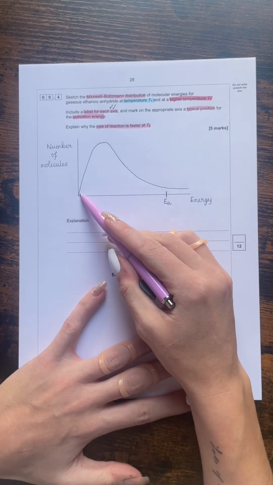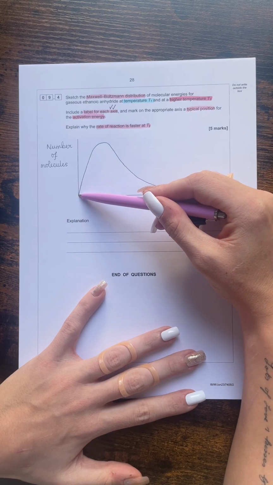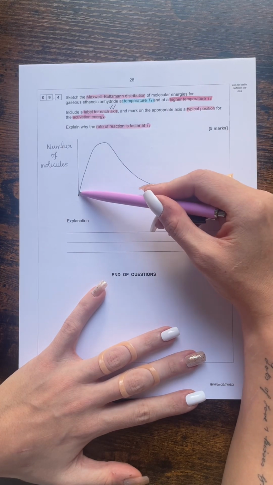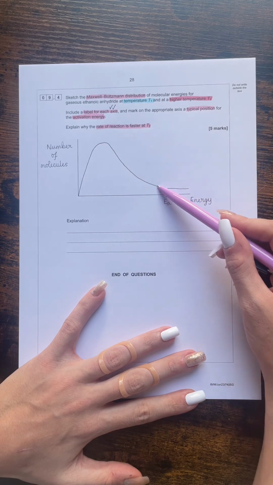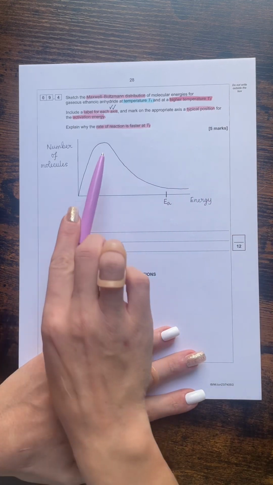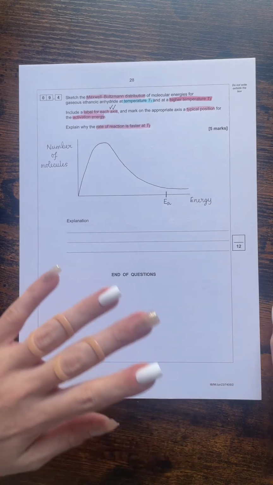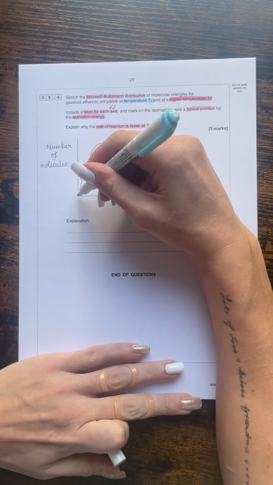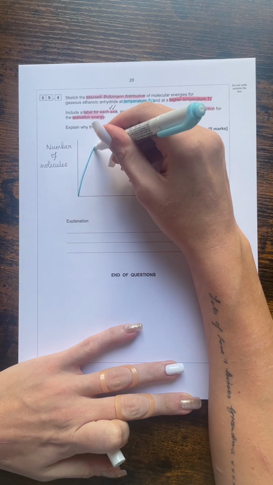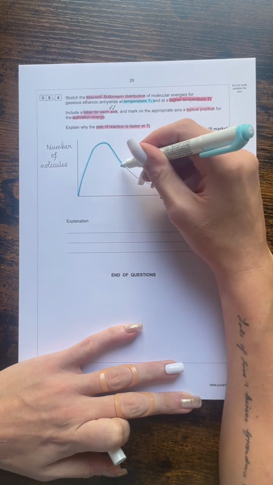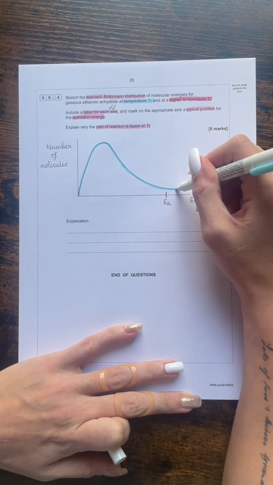So we're starting at 0, 0. We're not sort of coming up like that. We're going straight up, skewed to the left, and then we've got a decrease in the number of molecules that have those highest energies there. So that's my T1, and like I said, I'm going to go over that in the blue, just so that visually we can see.